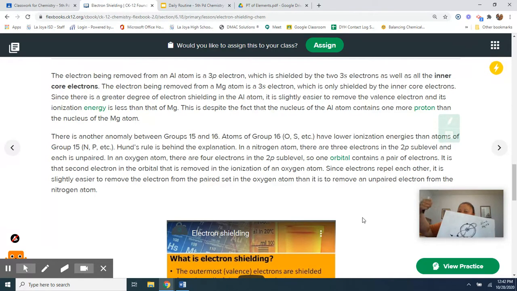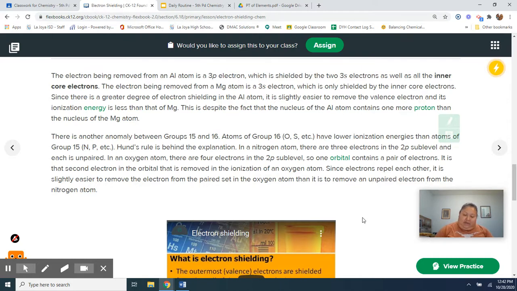It's going to be easier to take away that electron, this electron, because of the shielding that the s orbital does. But if you're talking about group 2, group 2 doesn't have this p orbital.